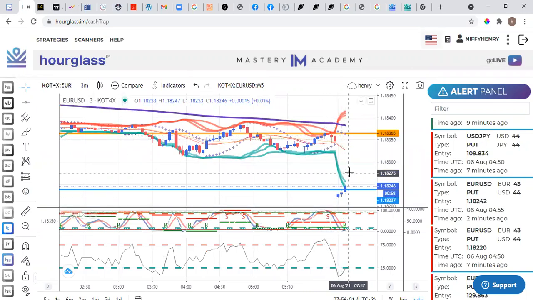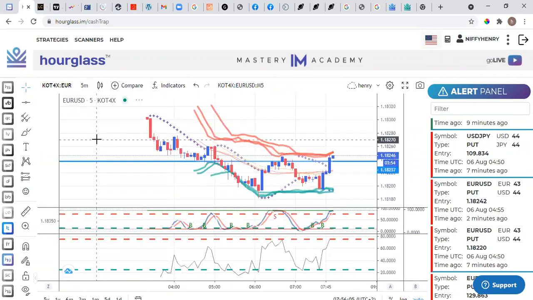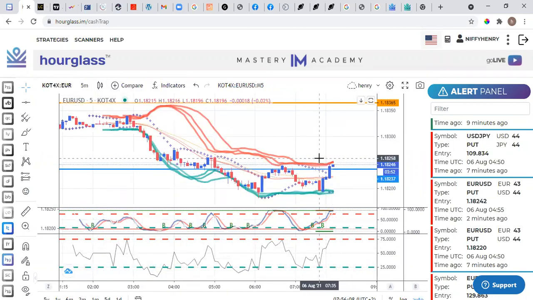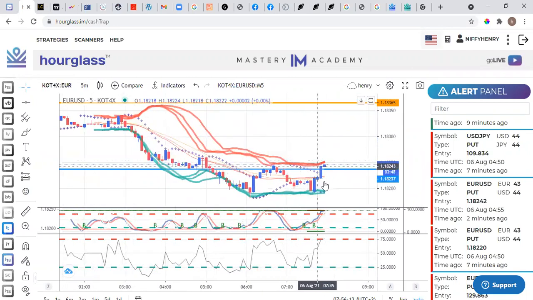Now on the 5-minute time frame, has the stochastic line crossed the upper band?